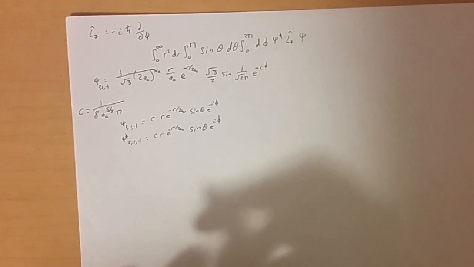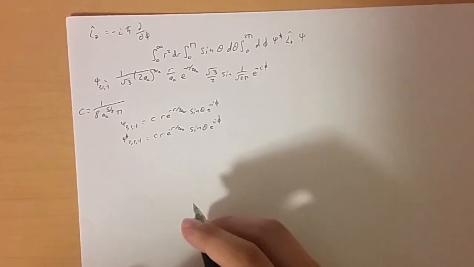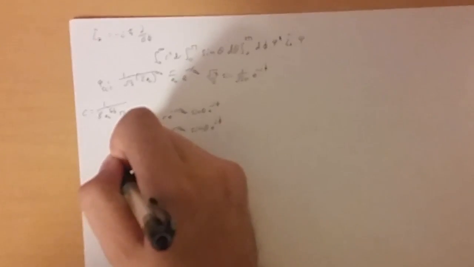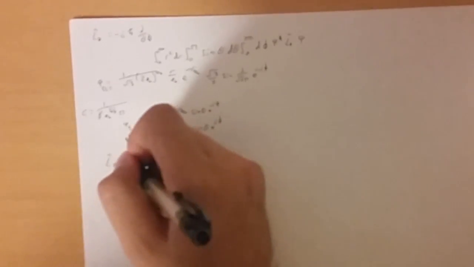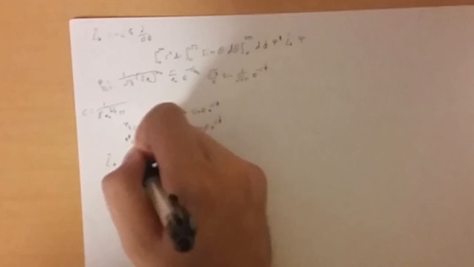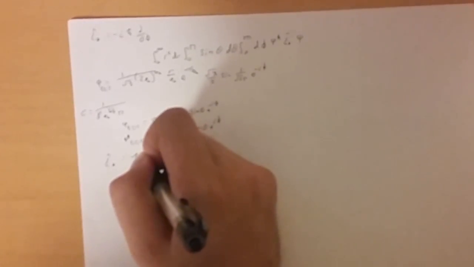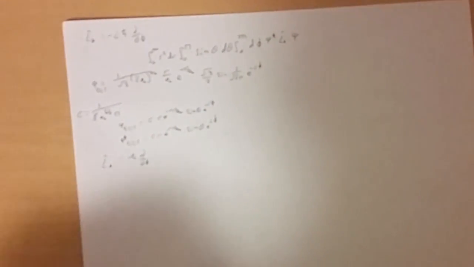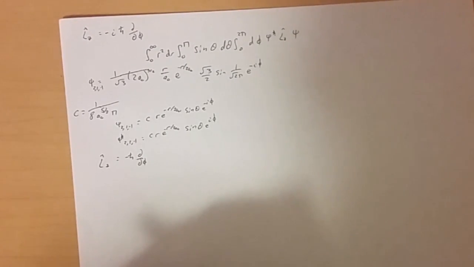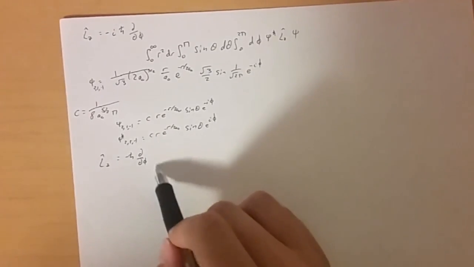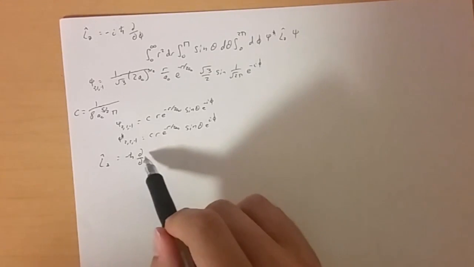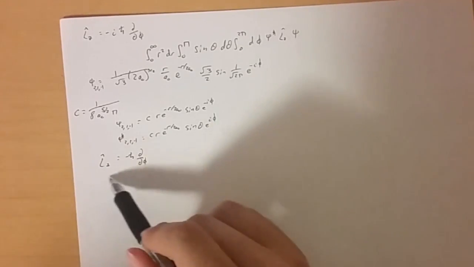Okay, so we are looking for this L hat z, right? And we're told that it equals negative i h bar times this partial derivative of phi. So I want to show you a little manipulation. We're taking this of the complex conjugate, that's what this operation means, basically.